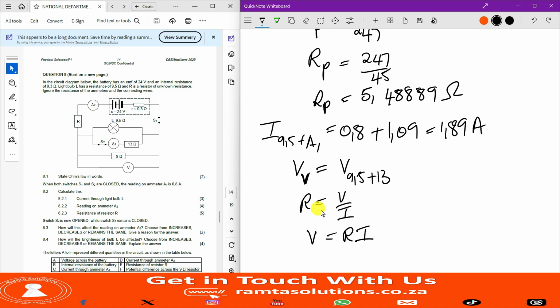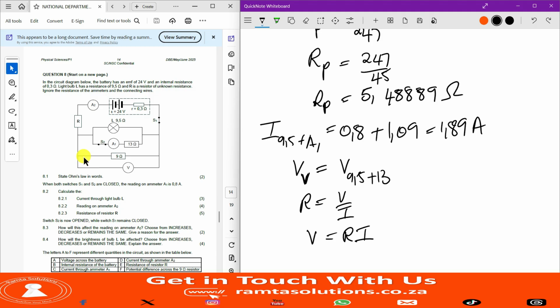Since we know the total current here, we can use the total resistance to find the V, which is the total potential difference here. But the question is, can that assist us? No, let's try this now.